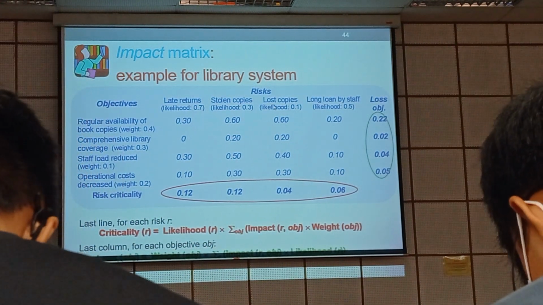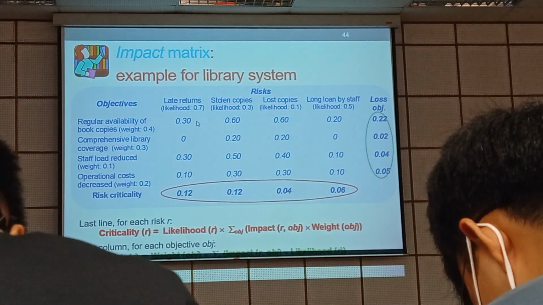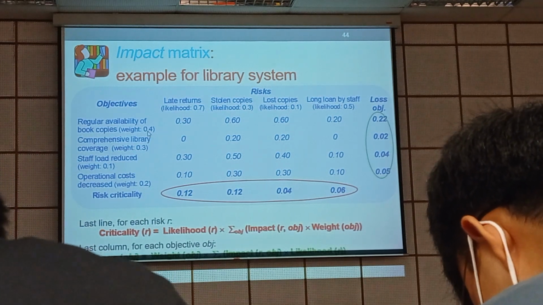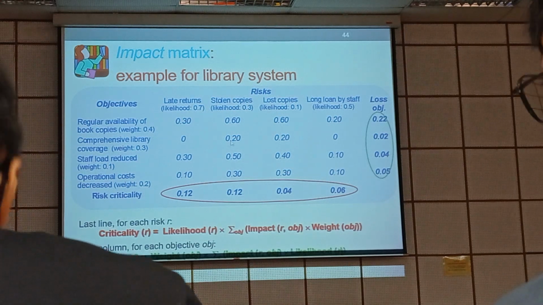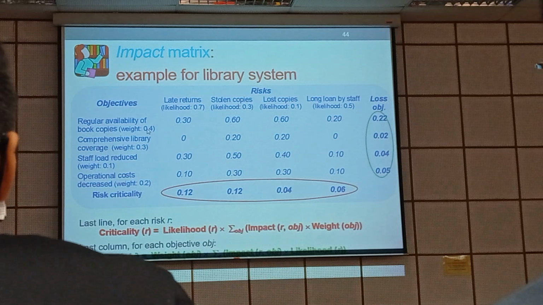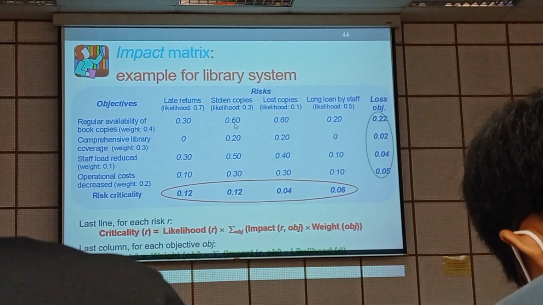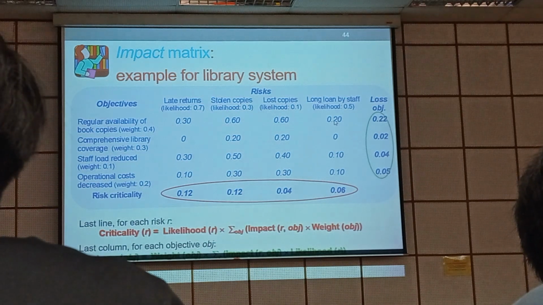Every single risk must be multiplied with the weight. 0.6 multiplied by 0.4 is 0.24. Don't worry, next class I show on the board. 0.6 multiplied with 0.4, again 0.24. Then 0.12 plus 0.24 plus 0.24 plus 0.08.